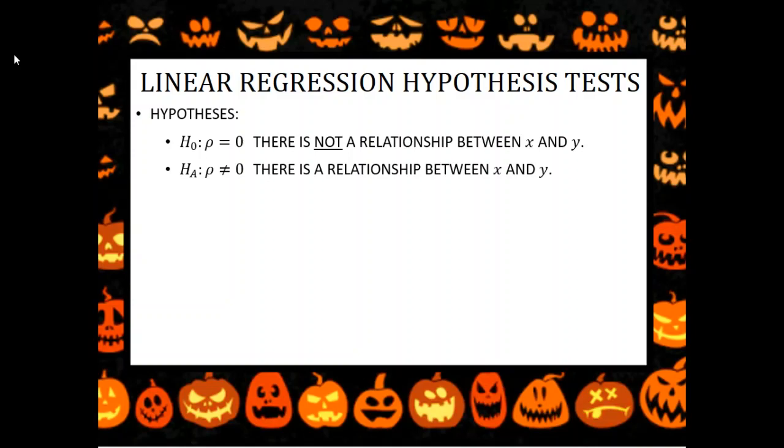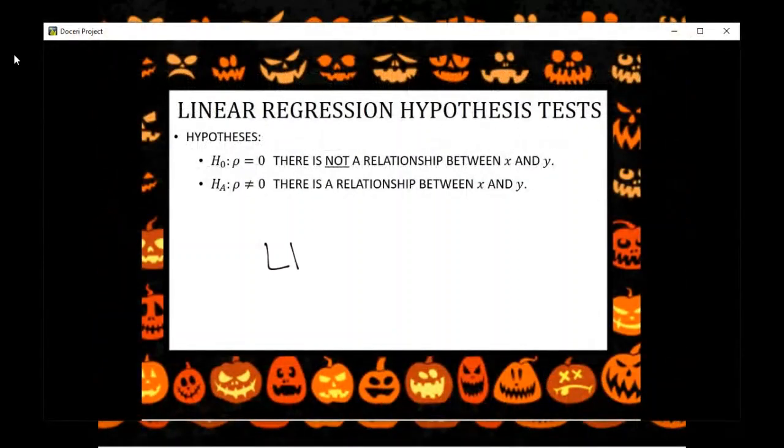We will need degrees of freedom here. You noticed, I don't know if you caught that, but where did we say what to use on the calculator? It's called LinRegTTest.